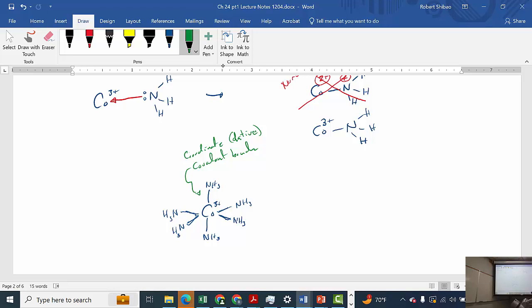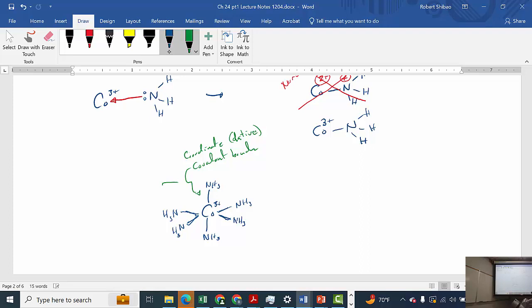Now, if we have a molecular species, do molecules ionize? Remember when we think of strong electrolytes, weak electrolytes, and non-electrolytes. Non-electrolytes are molecular compounds like phenol, methanol, those types of things. And so here, this thing does not ionize.